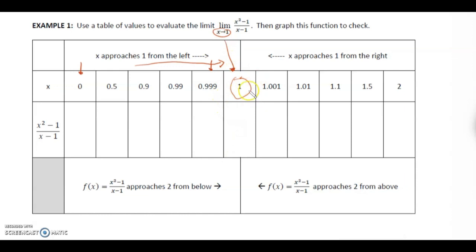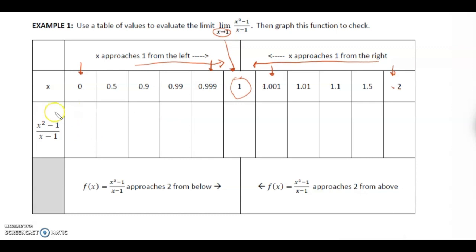But again, this value doesn't actually matter. And then we're going to calculate from 1.001 to 2, from this number to this number, and these numbers are coming in from the right.